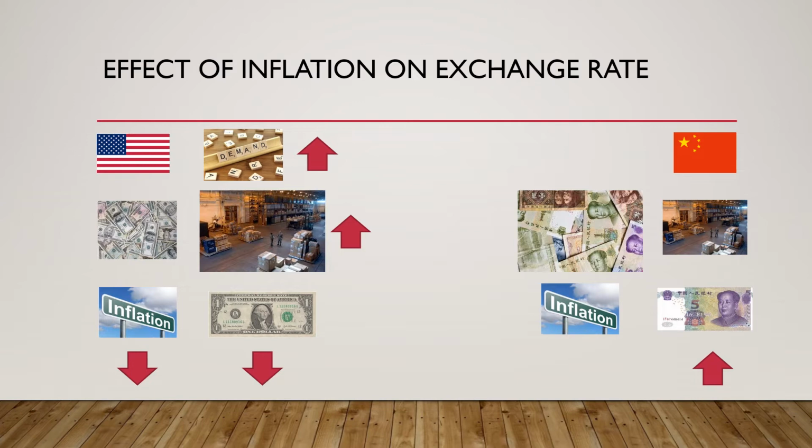And while China is exporting goods and services and importing money, the overall money supply in China would increase compared to the goods and services produced in China, and hence inflation should have gone higher. And even that should have reflected in the exchange rate.